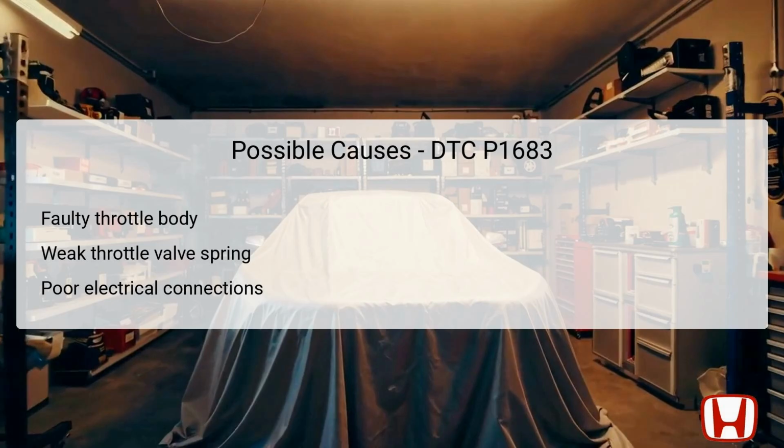Additionally, poor electrical connections can also play a significant role in this issue. Loose terminals or corroded connections may interrupt signals going to the engine control module, ECM, causing performance problems. It's essential to investigate each possibility during troubleshooting to effectively diagnose this problem.